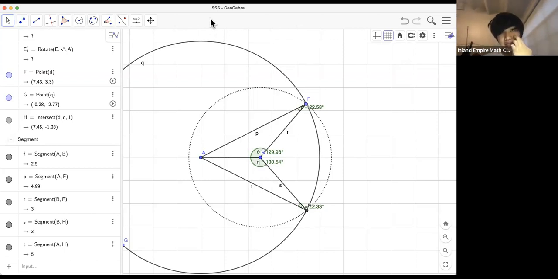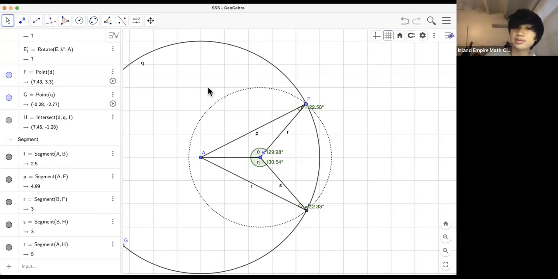As such, this is SSS congruence, sorry, similarity is different, but SSS congruence, which basically just means side, side, side. You know all 3 sides, so you know the triangle. You can figure out what the angles are using other methods, but there's only one possible configuration of angles if you know all 3 sides.